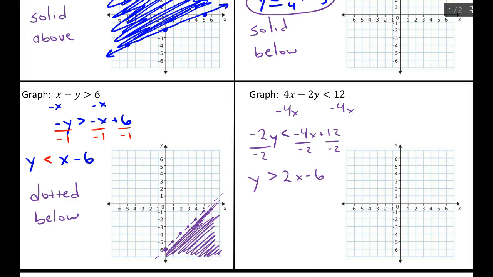Did you remember to flip the sign? Remember, if we multiply or divide both sides of an inequality by a negative number, we have to flip the sign. Okay, so let's think about what we're going to do. How are we going to graph this? Hopefully, you said that it's going to be a dotted line, and we're going to shade above the line.